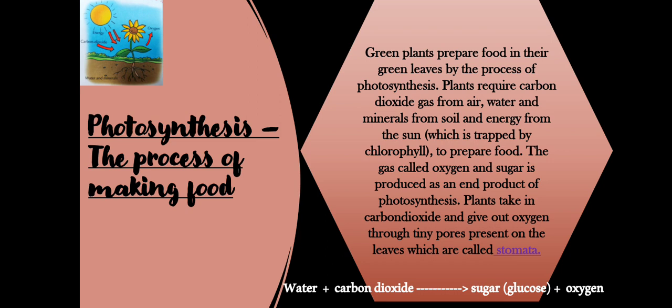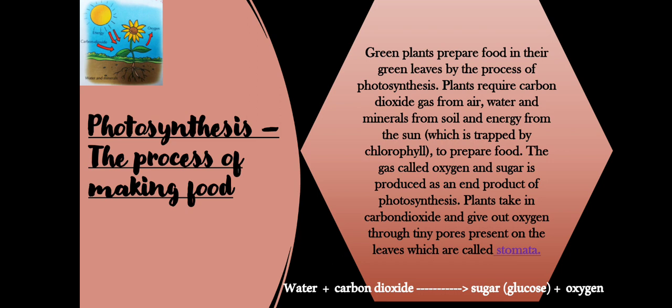These are the roots and the shoot, and we have already discussed the types of roots and all parts which are coming in shoots in our previous class. Today we are going to start the next topic, photosynthesis.